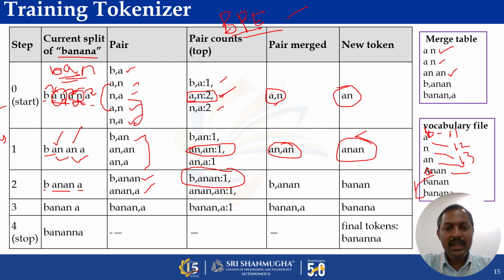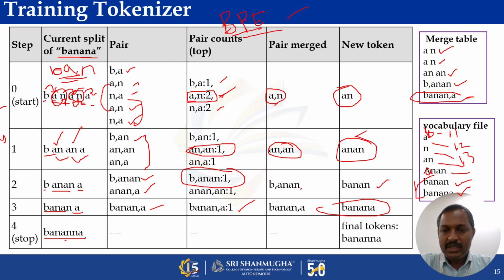BANAN is merged and also added in the vocabulary table as well as the merge table. After this we have BANAN, A, so there is only one pair, and this is merged. We get banana. No more pairs are possible, so we can stop the process.